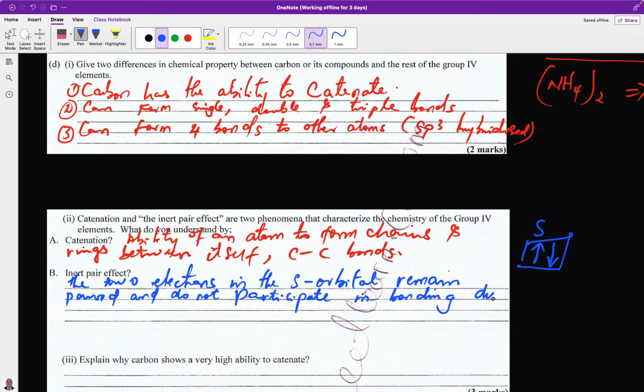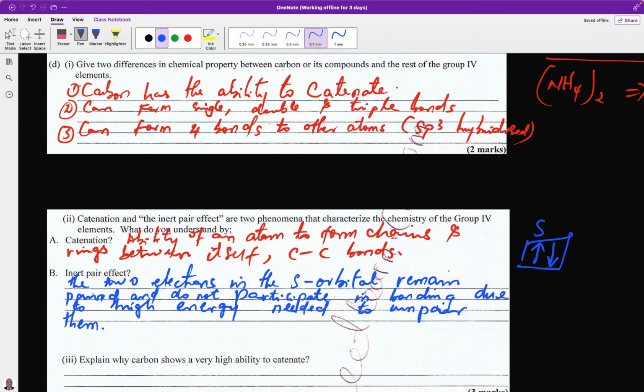So the inert pair effect is a phenomenon where the two electrons in the s orbital remain paired and do not participate in bonding because high energy is needed to unpair them.